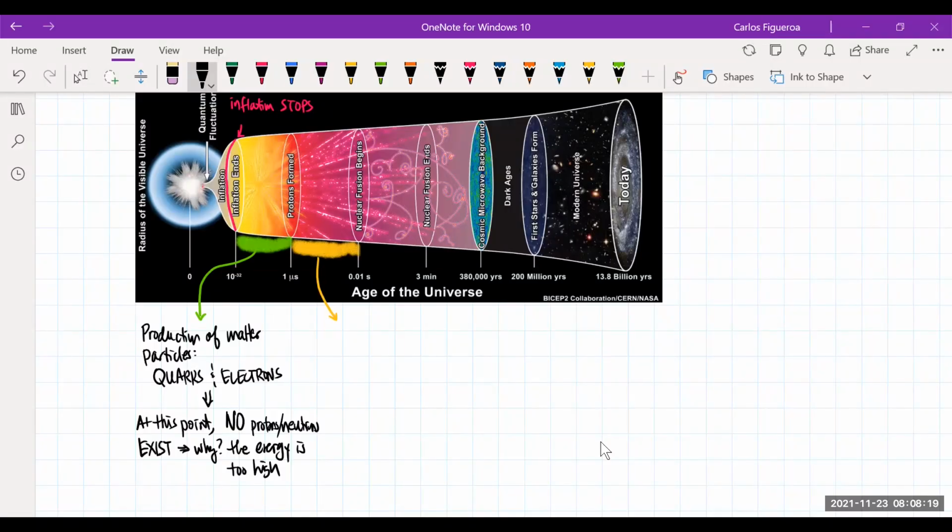So what we say here is that the universe has cooled down enough to allow quarks to form protons and neutrons.